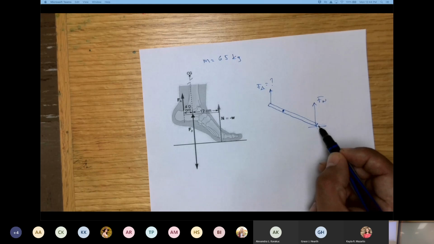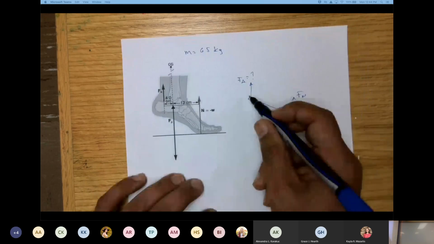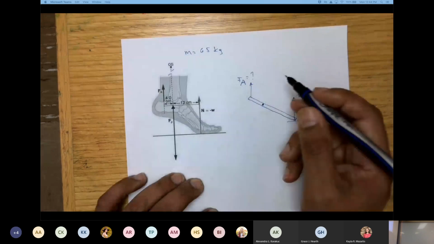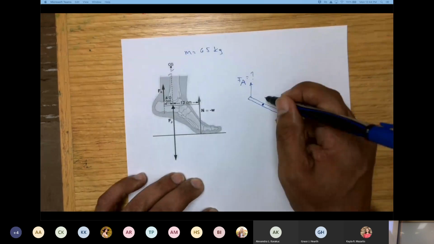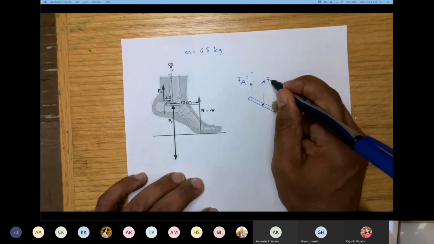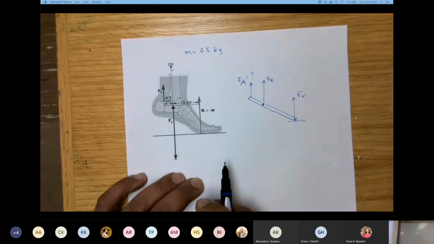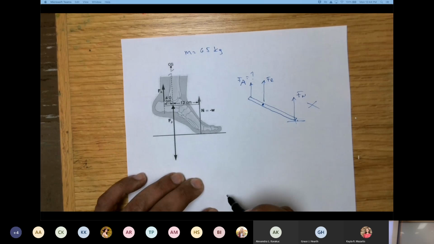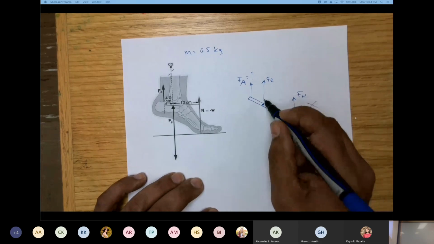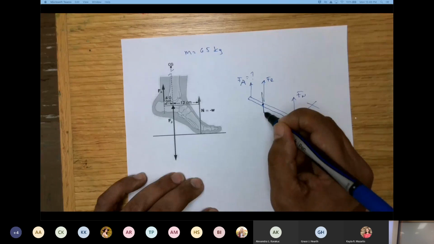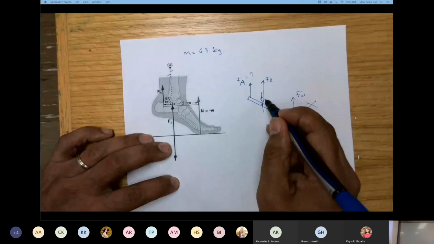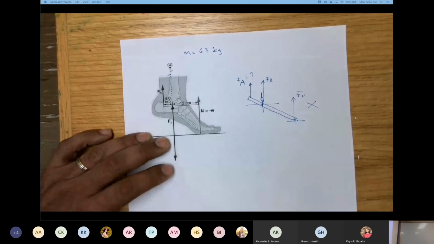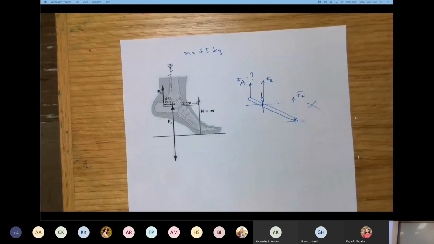And there's also, in every joint, a reaction force, and you don't know which way that one is going to point. So you should not put your pivot point on your toes, even though it kind of makes sense. A better place is to put it on your ankle, on that joint.